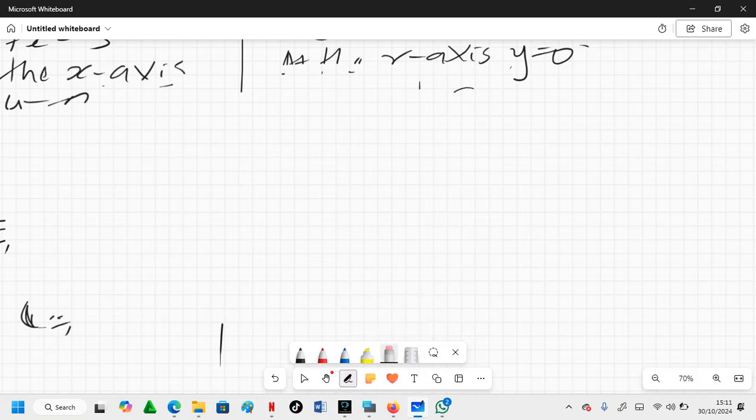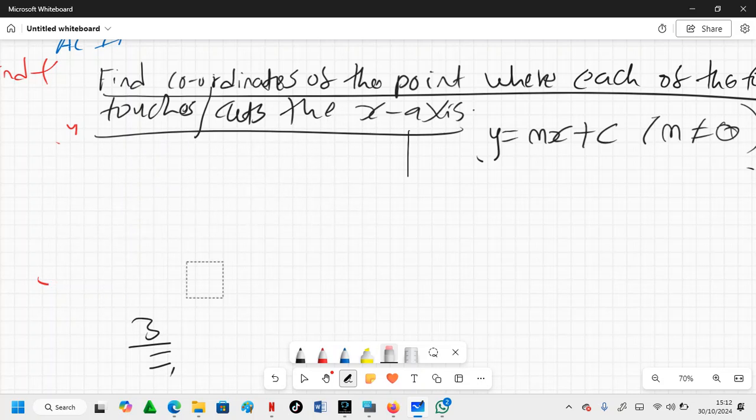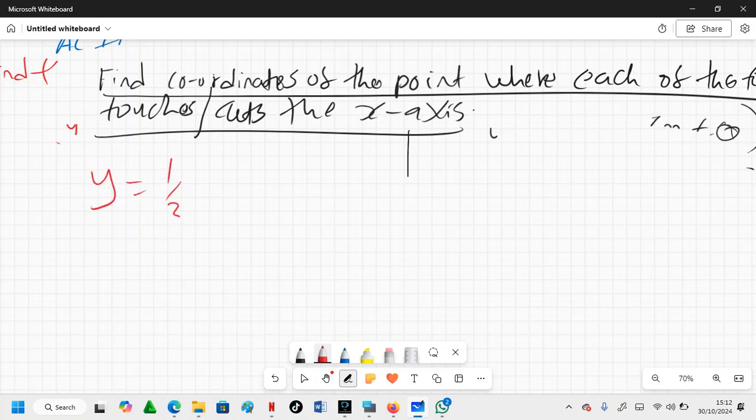So remember, we are still finding the x-axis intercept where we are given the equation of a line, all right? So let us consider our last example. Let us have y is equal to a third x plus 4. So again, we are looking for the x-axis, and at the x-axis, y is 0.